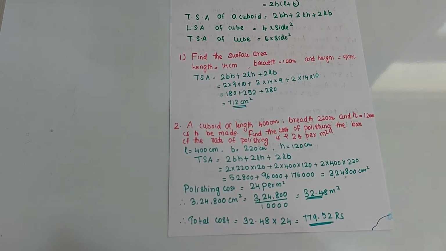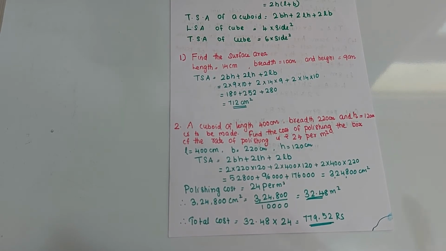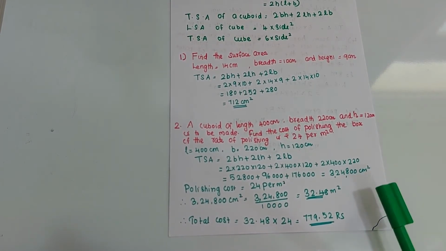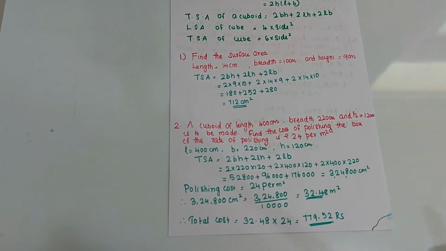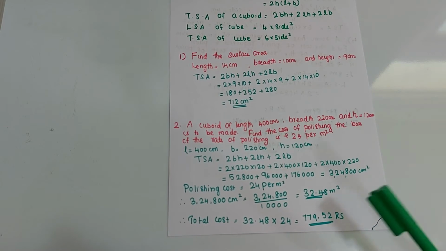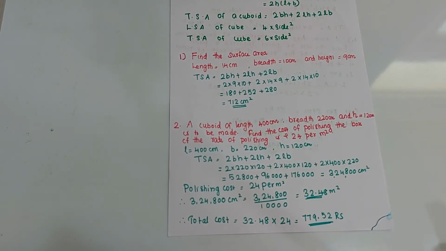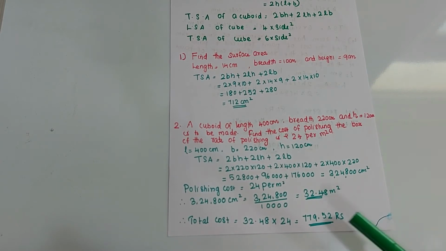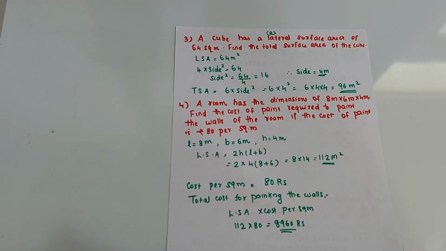To change centimeter square to meter square, you divide by 10,000. So 3,24,800 centimeter square divided by 10,000, we will get 32.48 meter square. So we got the total surface area in meter square. Now you can multiply. Total cost is equal to TSA into cost per meter square. So you multiply, then you will get 779.52 rupees as the cost for polishing.